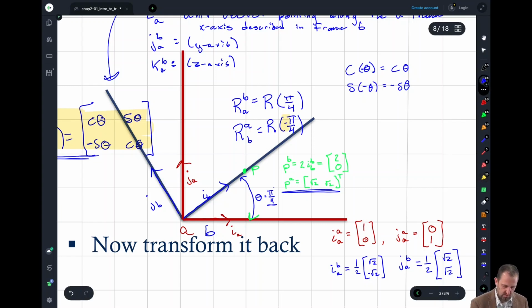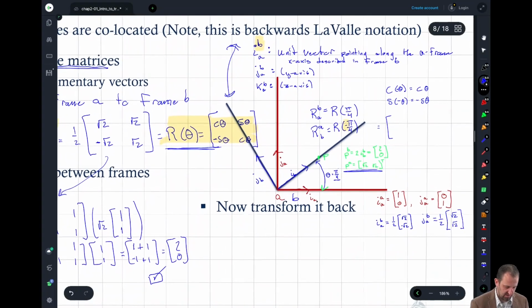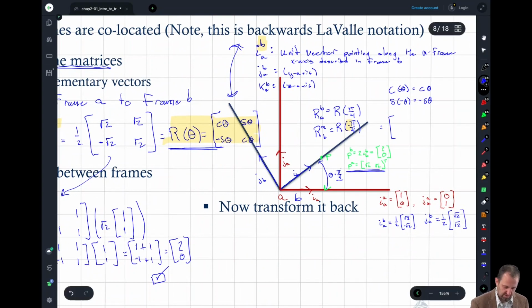Our cosine terms, our diagonal terms, will stay the same, and we're just going to flip the sign on our off-diagonal terms. So we have square root of 2 over 2, diagonal terms stay the same, still going to be 1, 1, but instead of the negative being in the lower left, it's going to be up in the upper right.